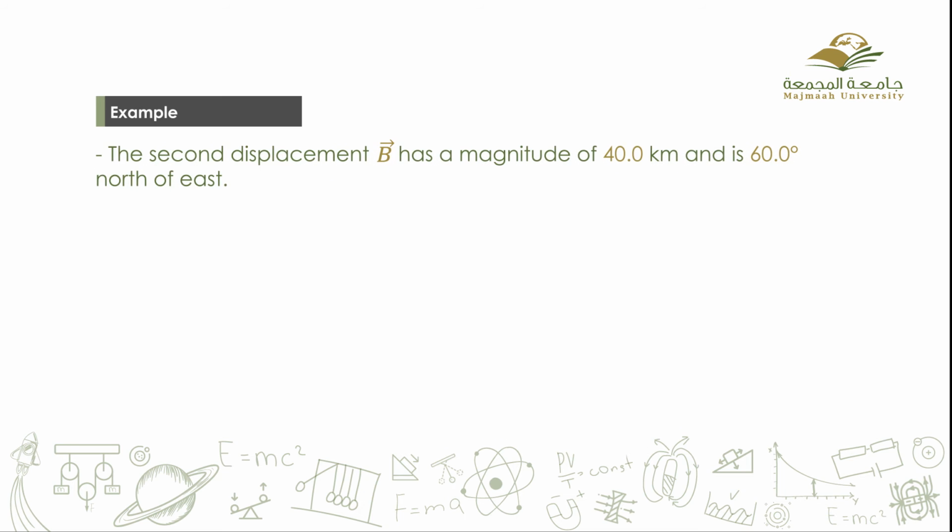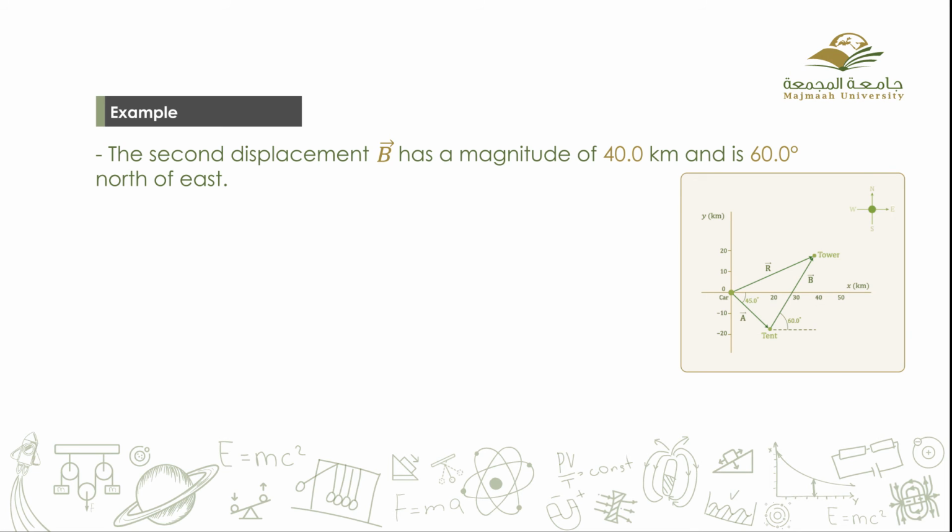Let's do the same thing with the second displacement B, which has a magnitude of 40 kilometers and an angle of 60 degrees north of east. Let's analyze that. It is obvious that it is in positive X and positive Y coordinates, as the direction of B is from the tent to the tower, so it is directed to positive X and positive Y. Its components will be analyzed by the same method.